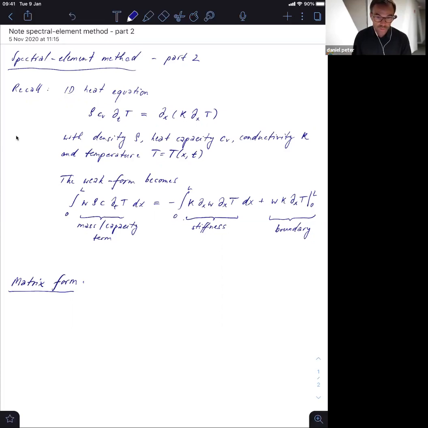And in order to obtain the matrix form, we have to start with the expansion of our functions. So what are the functions in this example? We have W, this is the test function, and we have temperature T. So let's look at the expansion of these functions.